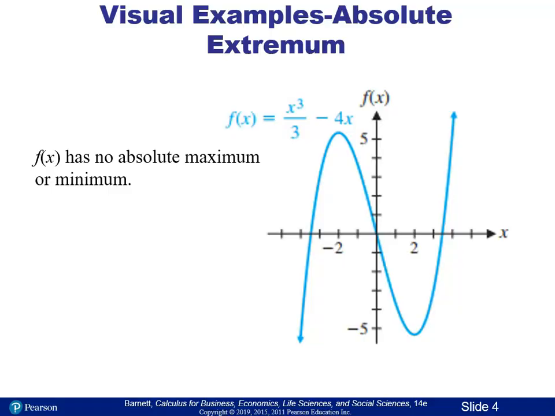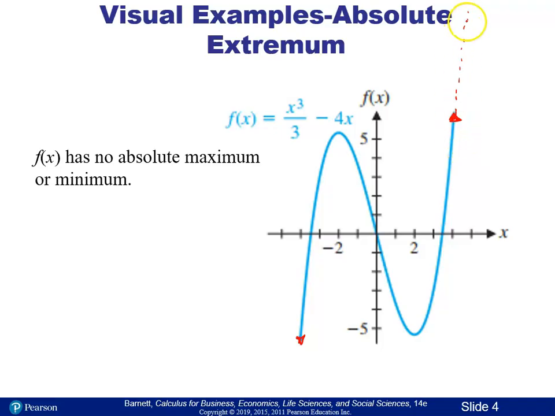Okay, I want to look at a few visual examples so you understand what we're talking about. This particular graph, and we're really just focused on the graph, not so much the equation here, has arrows going in both directions. So we do have a maximum here, but it's a local maximum because since there's an arrow here, this continues to go on and on forever.